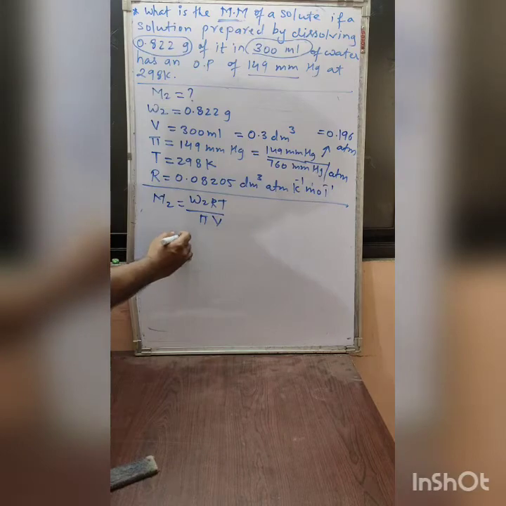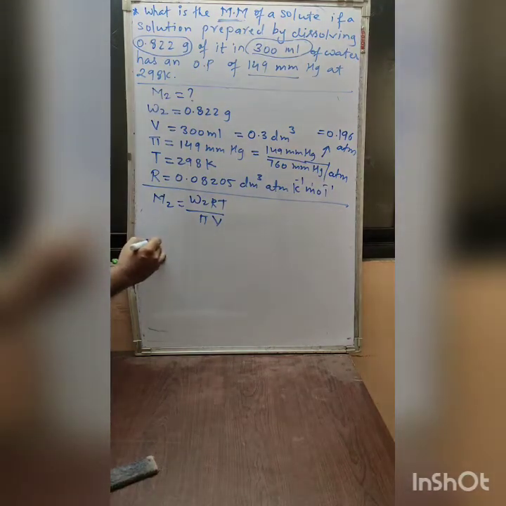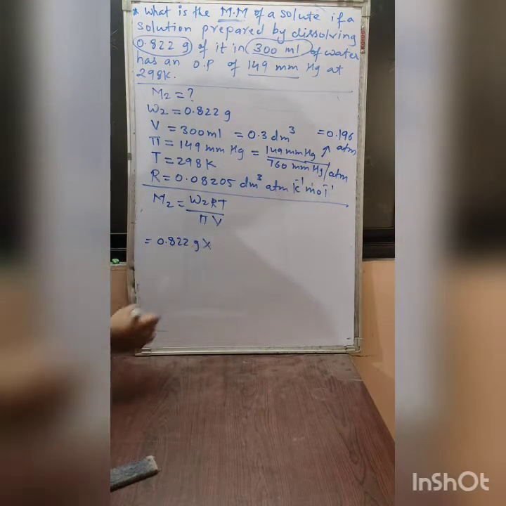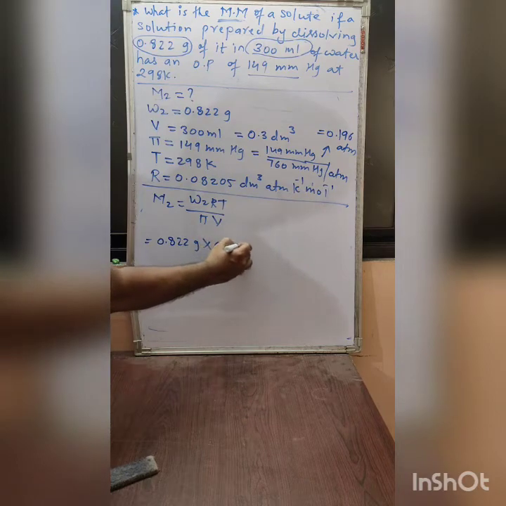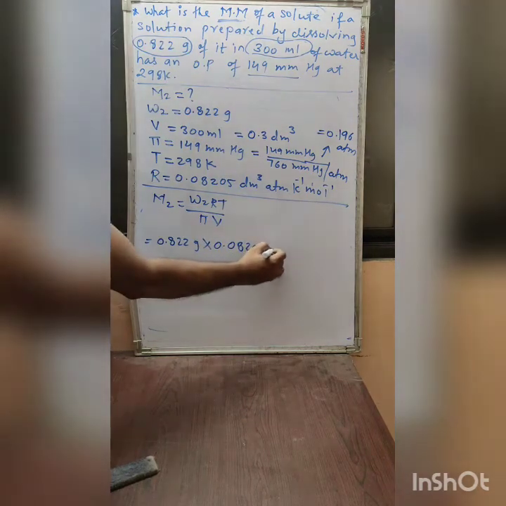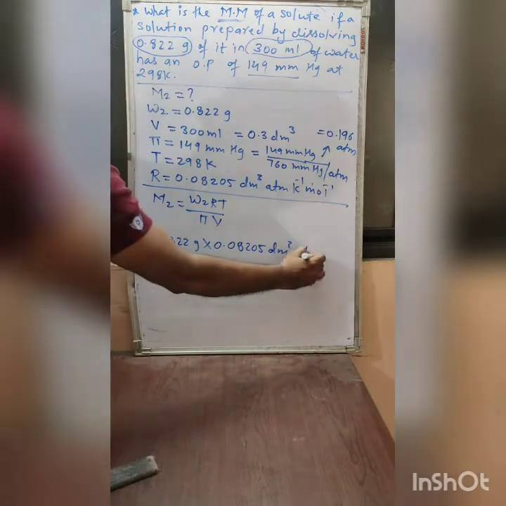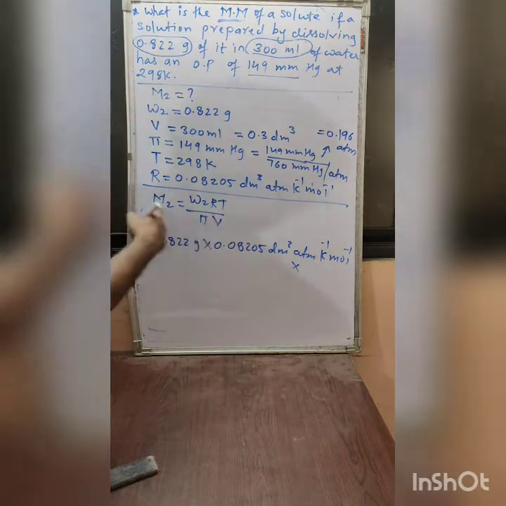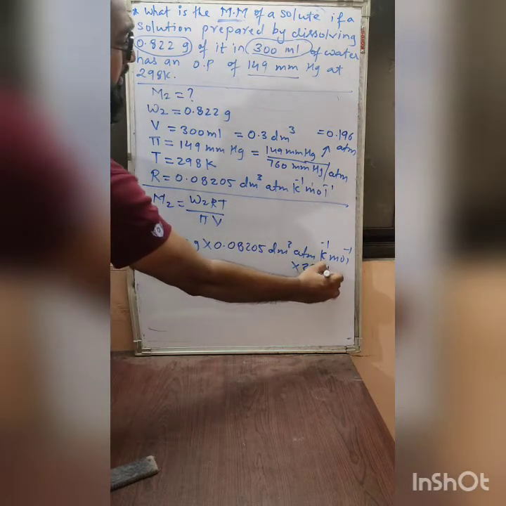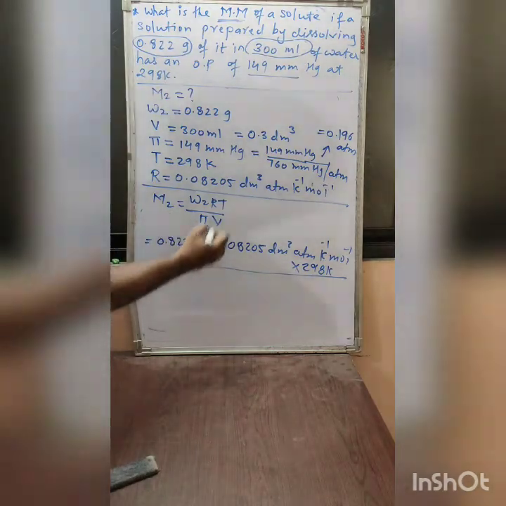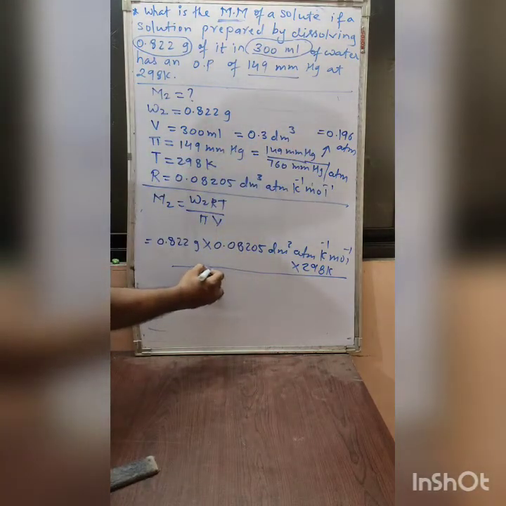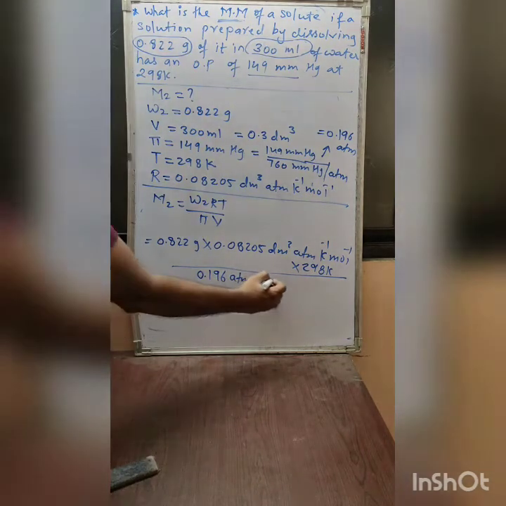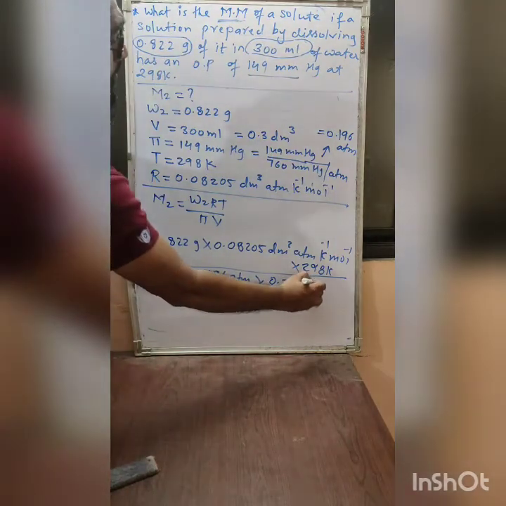So W2 is 0.822 gram, into R, 0.08205 dm cube atmosphere per Kelvin per mole, into T, 298 Kelvin, upon pi, 0.196 atmosphere, and volume is 0.3 dm cube.